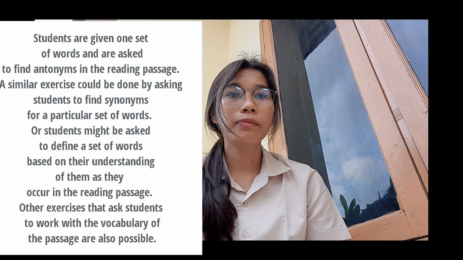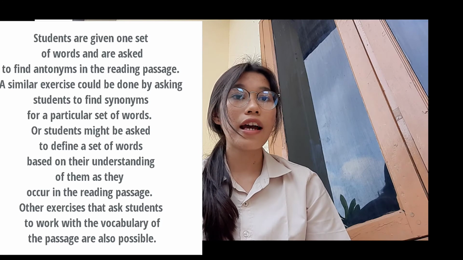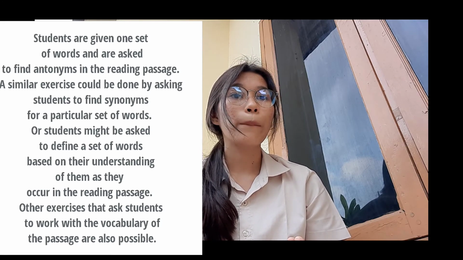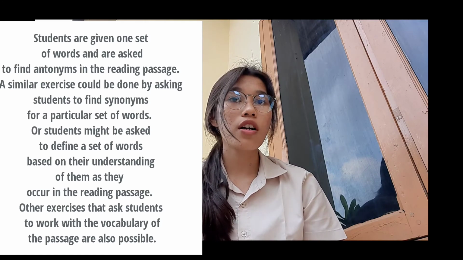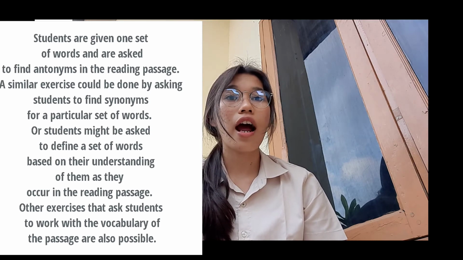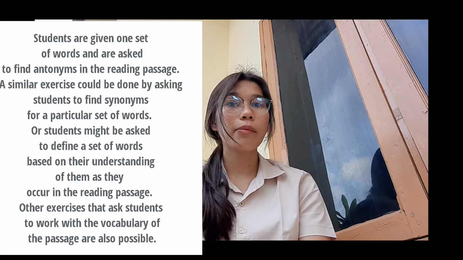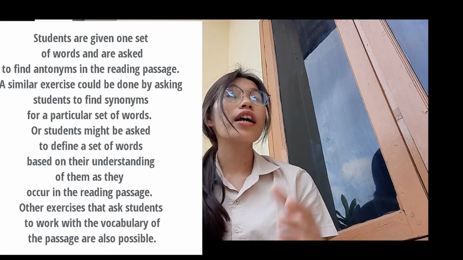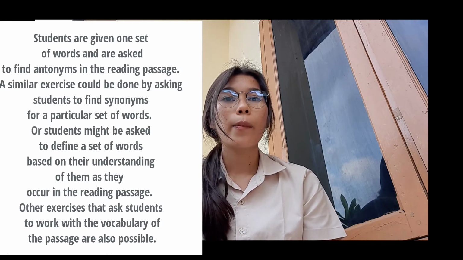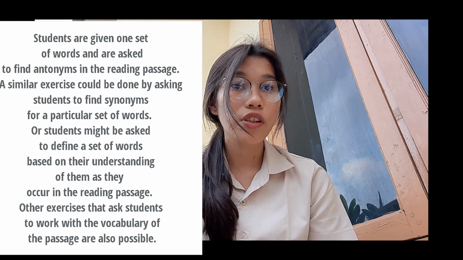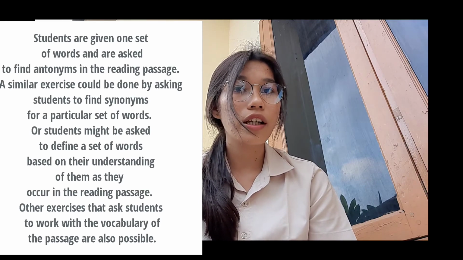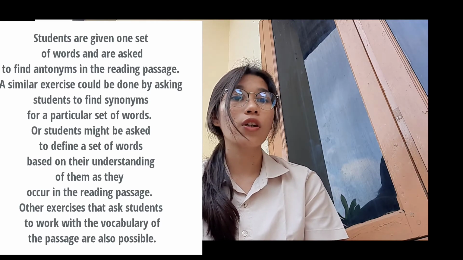Students might be asked to define a set of words based on their understanding of them as they occur in the reading passage. Other exercises that ask students to work with the vocabulary of the passage are also possible.